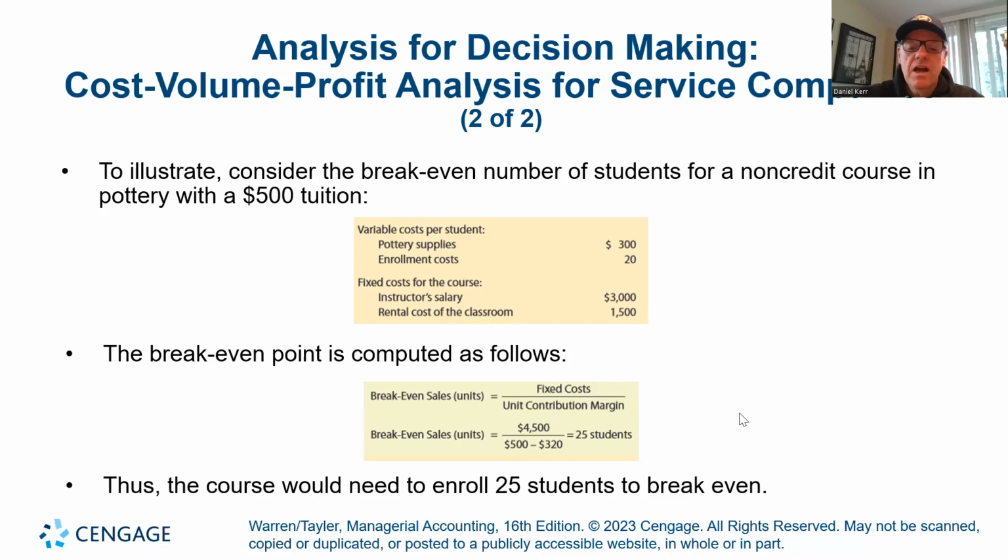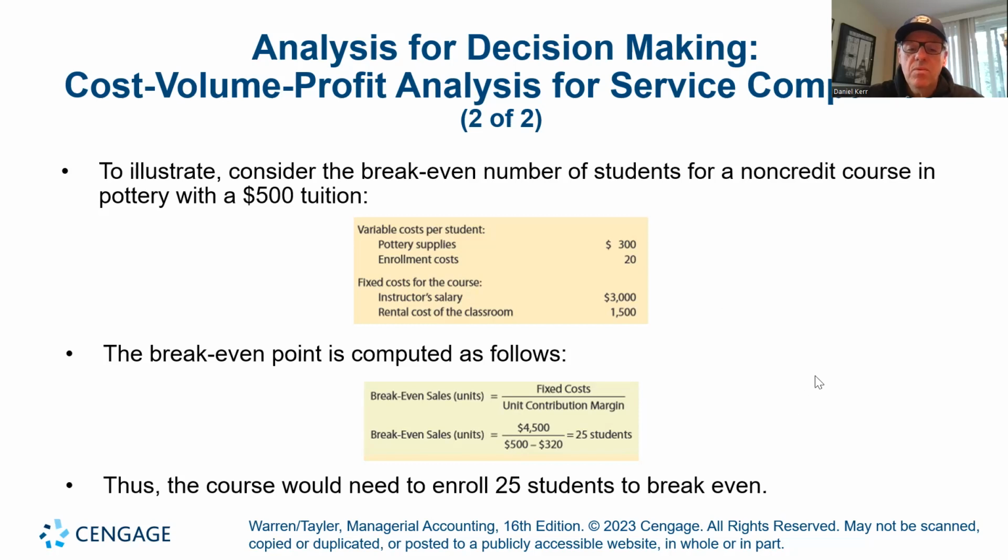And then as far as the contribution per student, we know that we have to invest in pottery supplies of $300, and there are enrollment and registration costs and so forth of $320. And we're assuming here that the tuition is $500 per student.